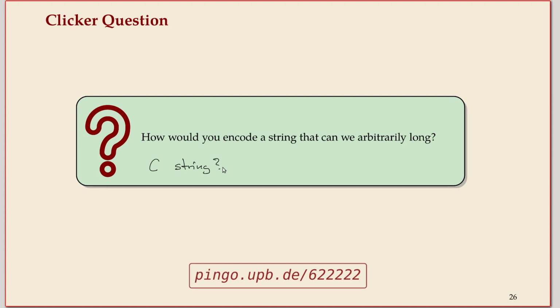Well, it would write down the characters C1, C2, C3, C4, and then it would stop with this special character null, which is not a 0, it's the character with ASCII code 0. So the null character means this is the end of string.